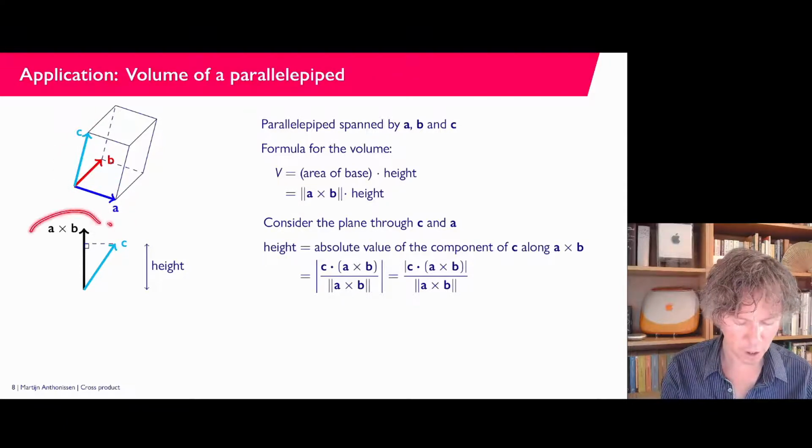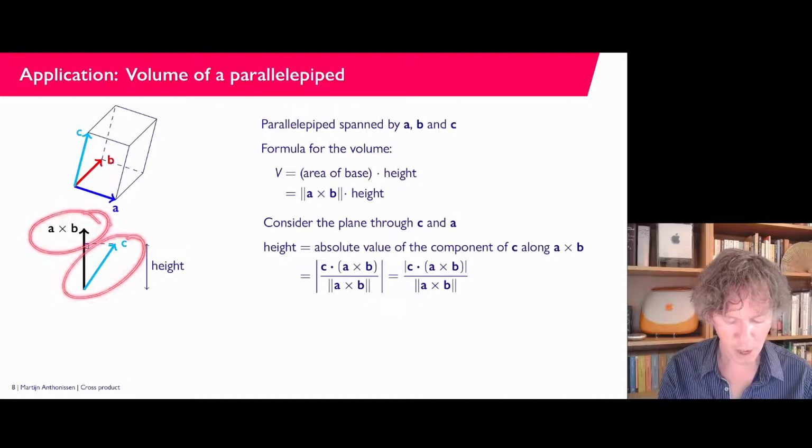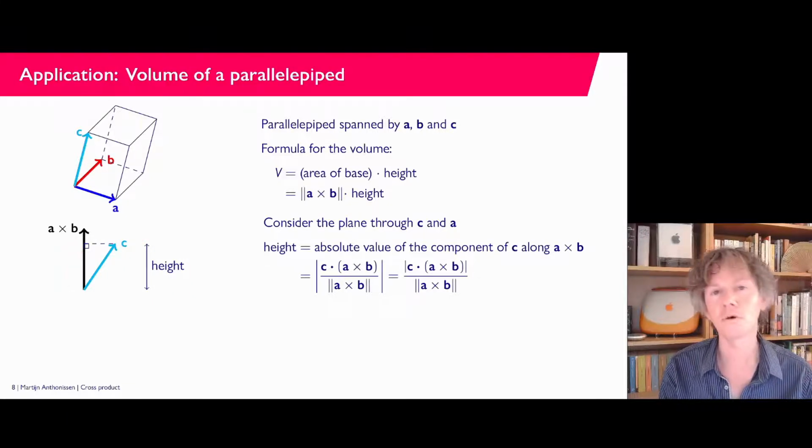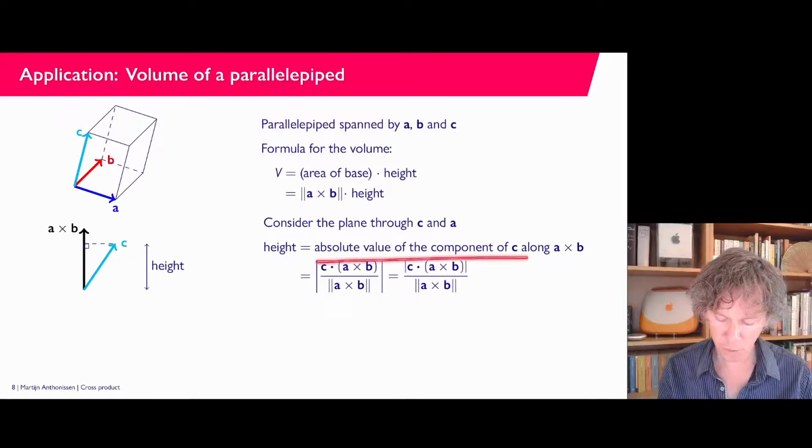So then we have A cross B and we have C. And what we should have for the height is the length of the projection of C along A cross B. And we have seen in a previous video how we can compute that. Because if we take the absolute value of the component of C along A cross B, I just put absolute value signs there. And apparently this is the height.